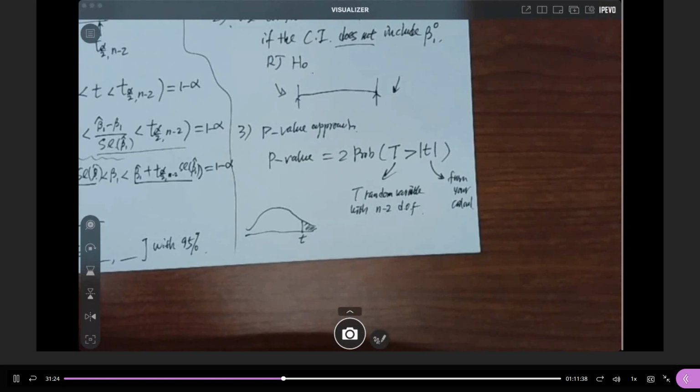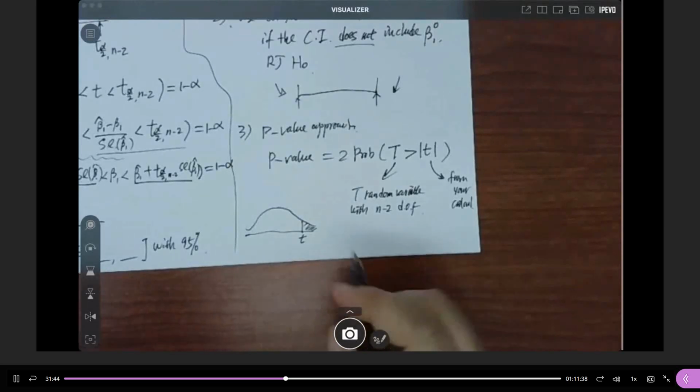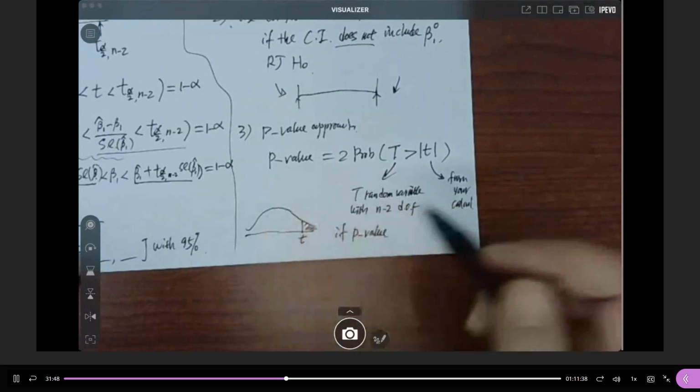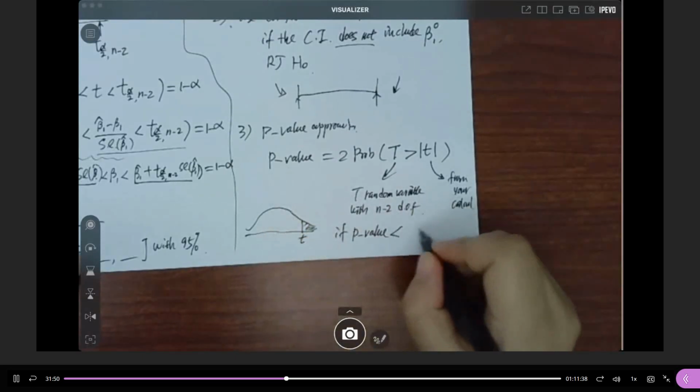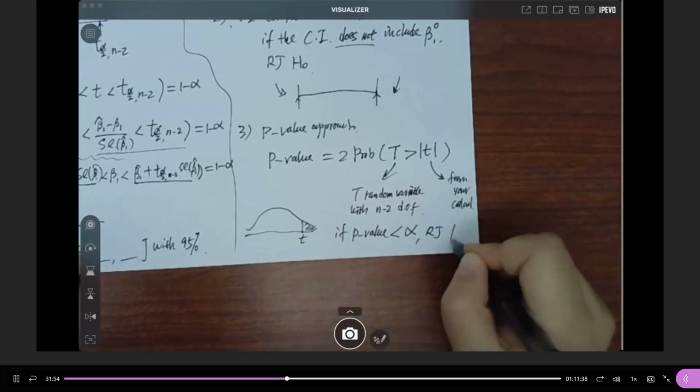If your probability is large, that means if the null is true, it's very likely you are going to observe t at this location. But if your p-value is small enough, how small is small enough? If it's smaller than the significance level alpha, you should reject. So if the p-value you calculate by using the formula is less than a specified alpha value, you would reject the null.